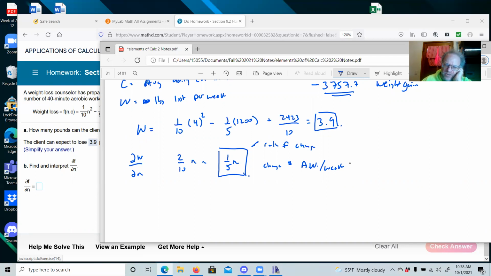It looks like the change in aerobic workouts is responsible for this order of weight loss. So we pretty much go from 1/10 to 1/5 for aerobics. So if we add one more, we would expect a little bit better.